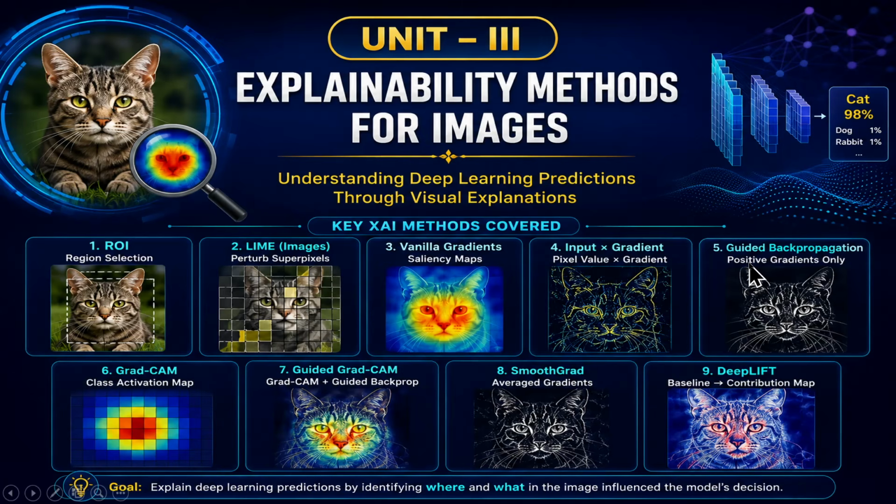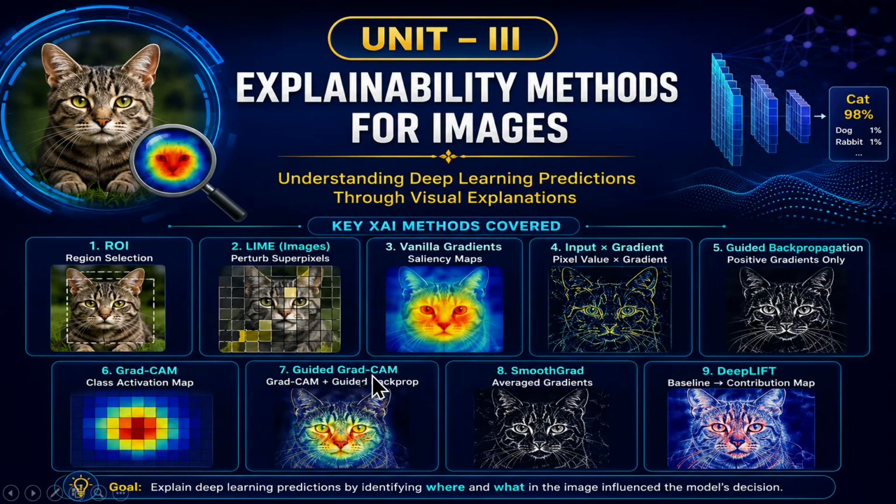Here for guided back propagation as well, we'll find some kind of feature maps. And here this is called a heat map, where you use colors to indicate that this is the region which is very prominent in the prediction.